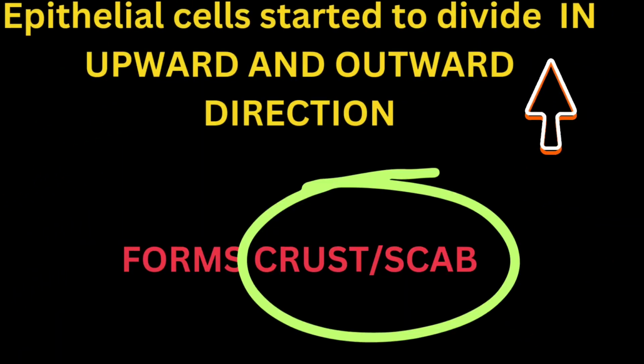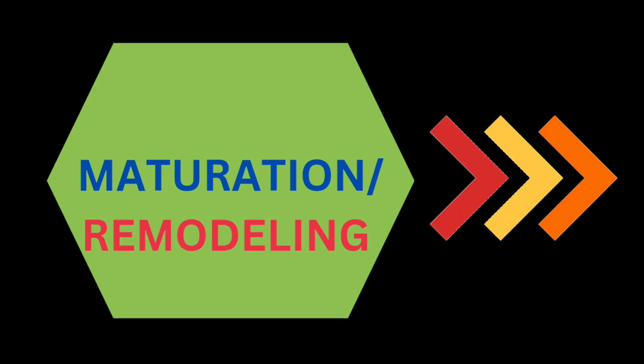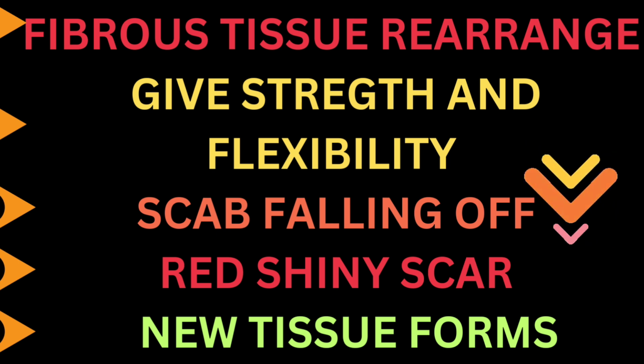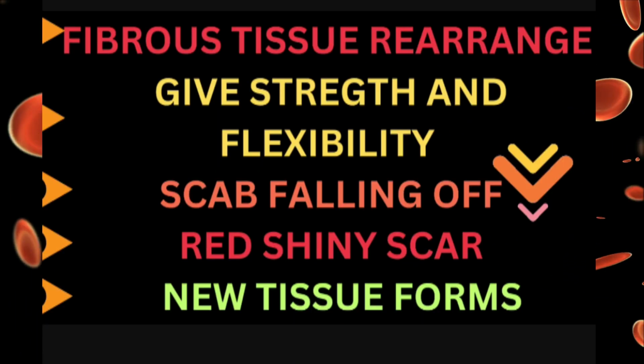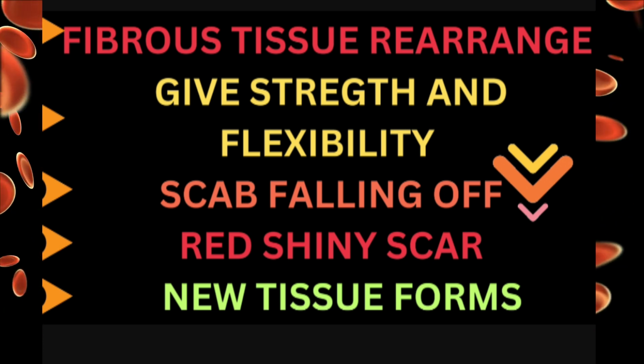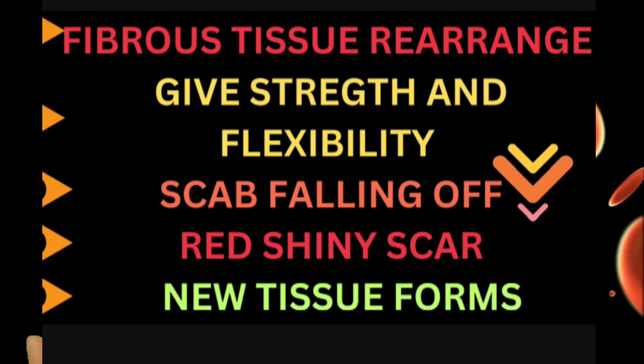Now we are moving towards the maturation or the remodeling phase. Now the new tissue has been formed. That scab becomes dry and starts to fall. So in this what happens, the fibrous tissue rearranges, okay? Rearranging of the fibrous tissue is there, and there's collagen formation.